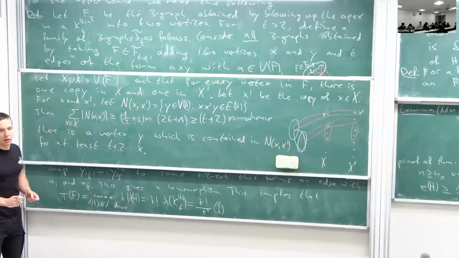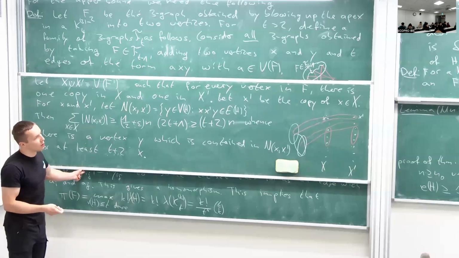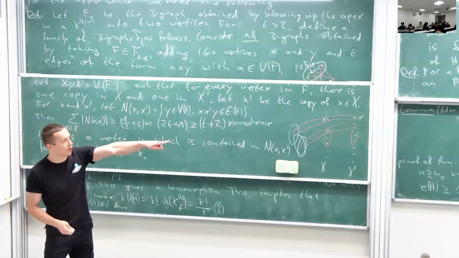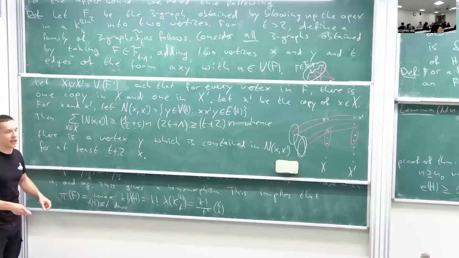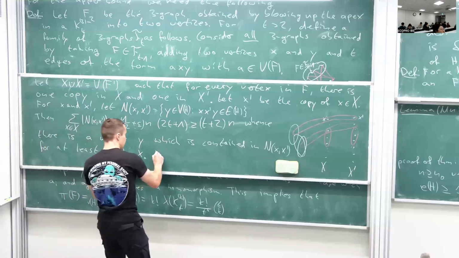Okay, t plus 3, yeah. We can have even more, but we just need the t plus 2 so that we get an induced edge.